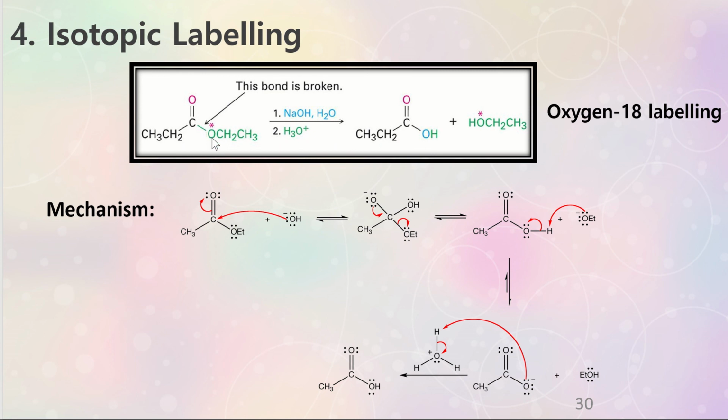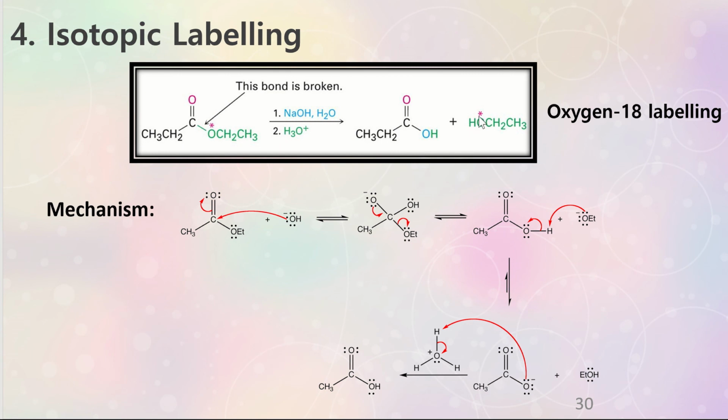Normally we have oxygen 16, right? So if we change our oxygen to oxygen 18, and then we follow the reaction to see, if we inspect this compound and we see oxygen 18 here, then we can have an insight into which bond broke, right?